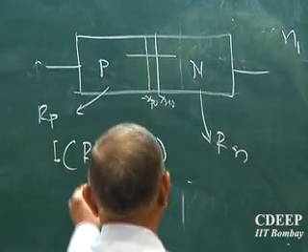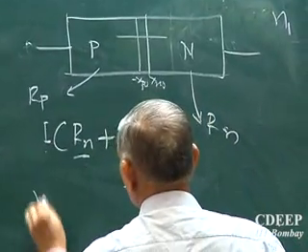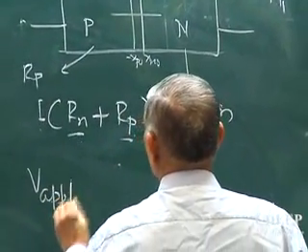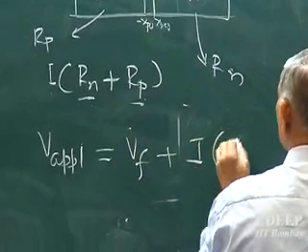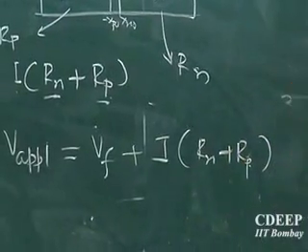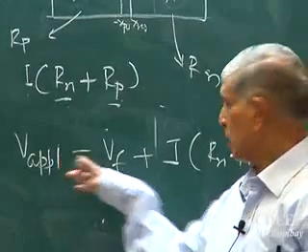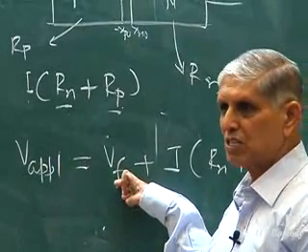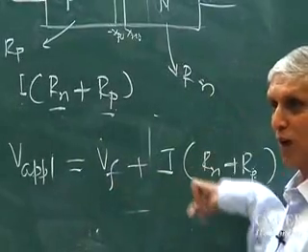Since I know these values for a given device, the voltage whatever I applied is actually equal to Vf plus I R. If I apply larger voltage, Vf also increases a bit, so I increase I. But if I increase I, this I R value will also increase.